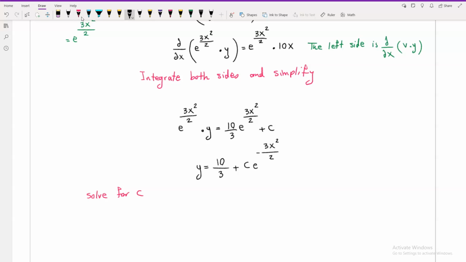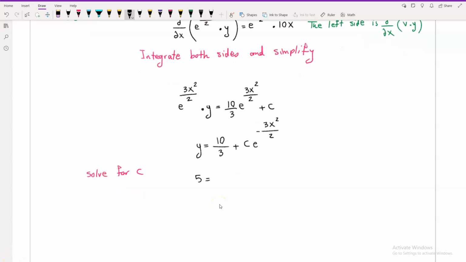So solve for c using what we have for x and y. So what was given for y, we have 5 and x is 0. So 5 equal to 10 over 3 plus c times e power negative 3 times 0 squared divided by 2.